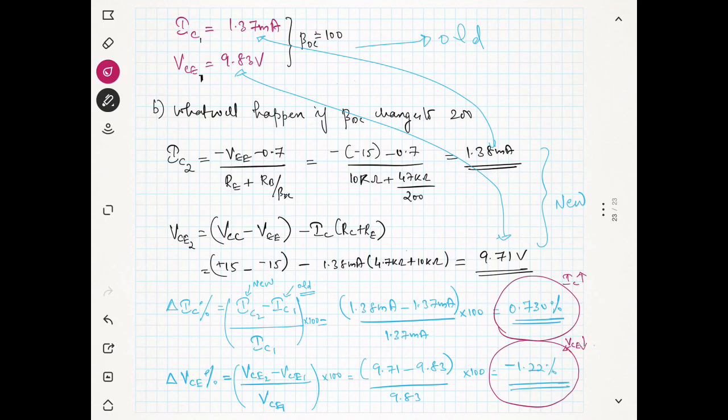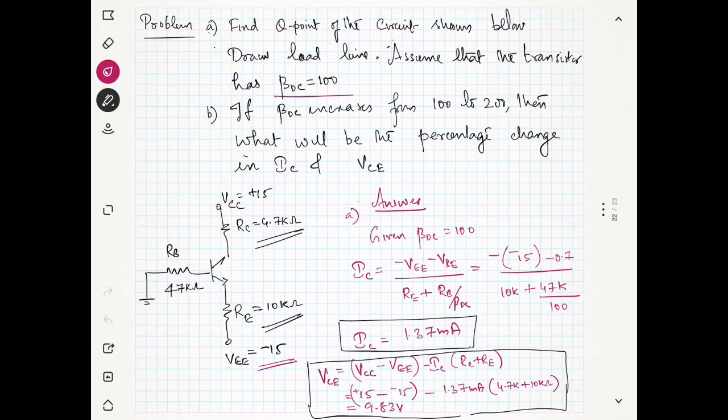Okay, and the percentage change in IC and VCE is very small, so we can say that this biasing circuit is highly stable. So it's one of the very good biasing techniques. But one of the main issues is that it requires a positive power supply and a negative power supply.